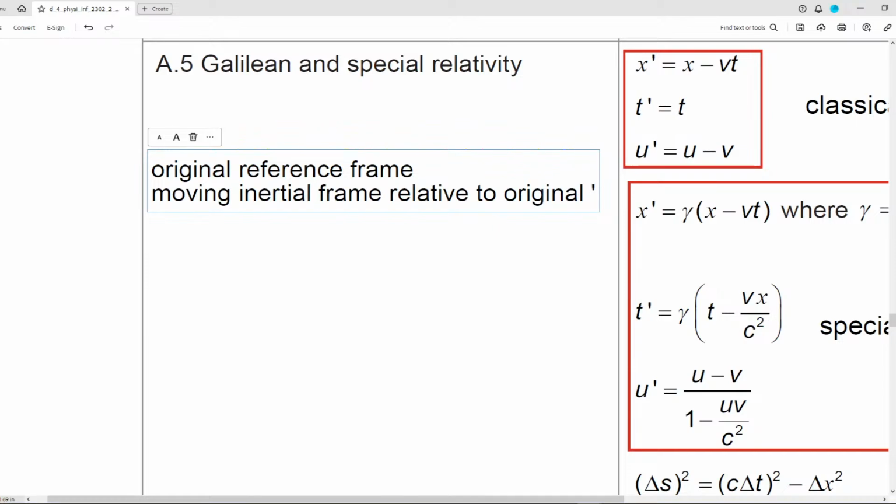Okay, so I'm going to call this A and B. I'll do some examples so you know what I mean.